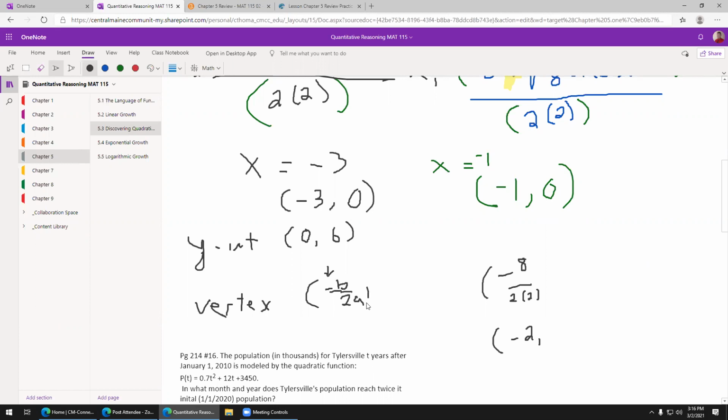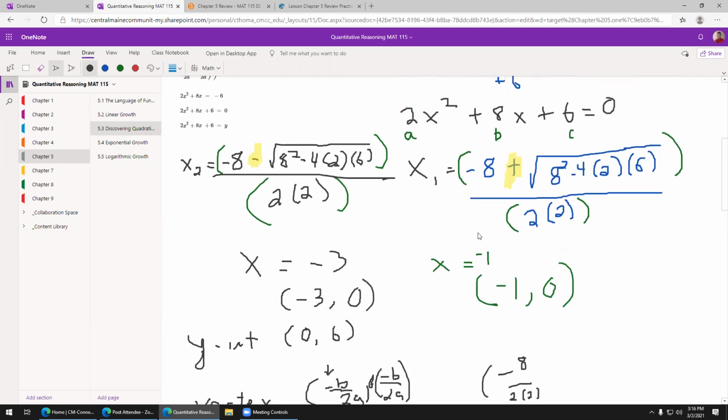Now, what I have to do to find the y coordinate is take that answer and put it into the function. That's why it has this f in front of it. So to find the y coordinate, I take -2 and put it everywhere there's an x.